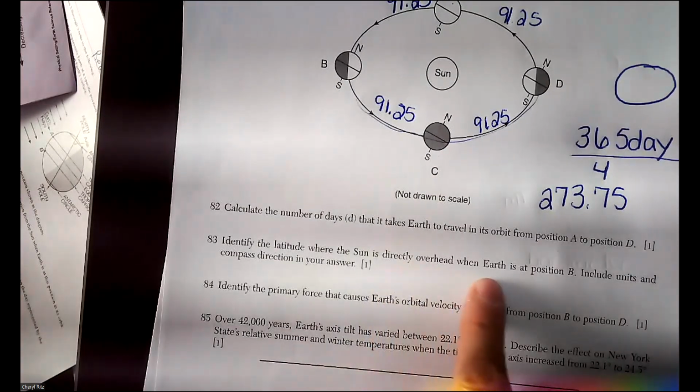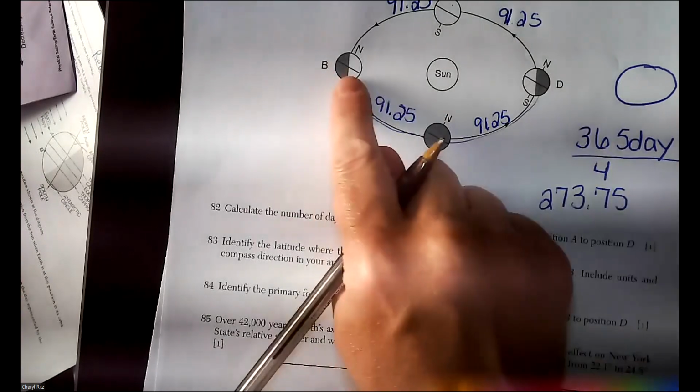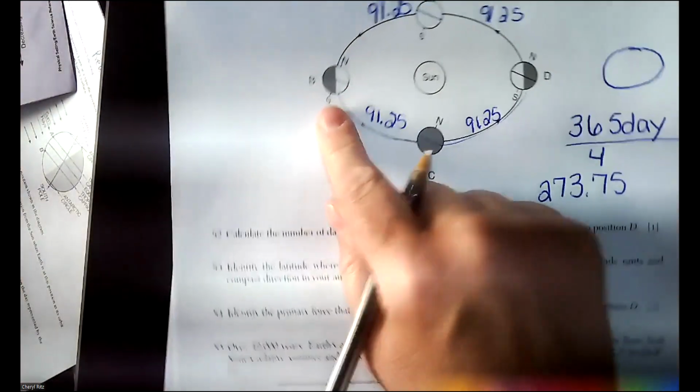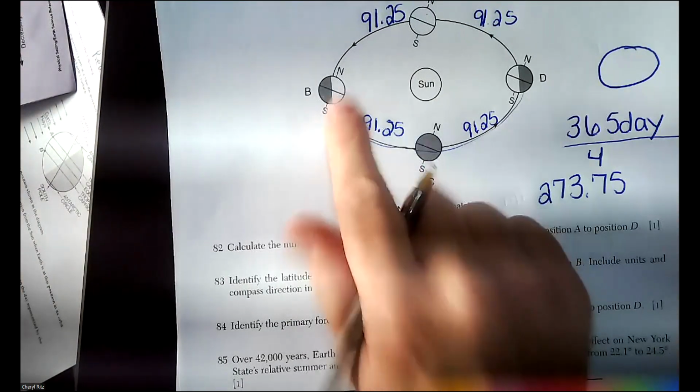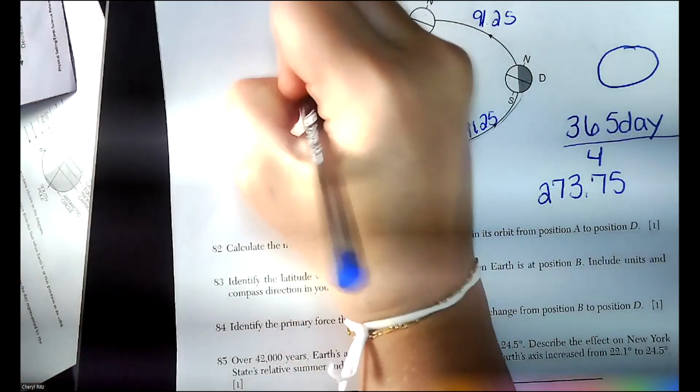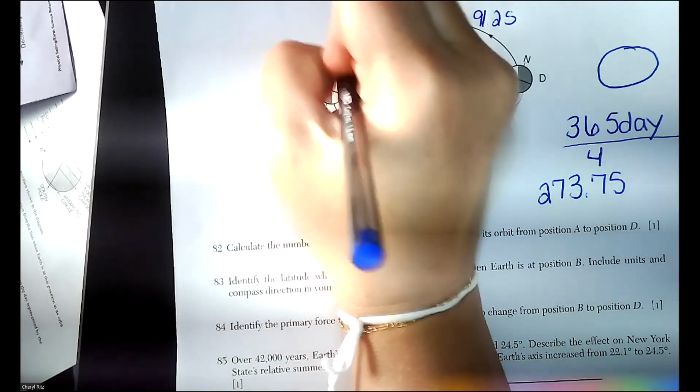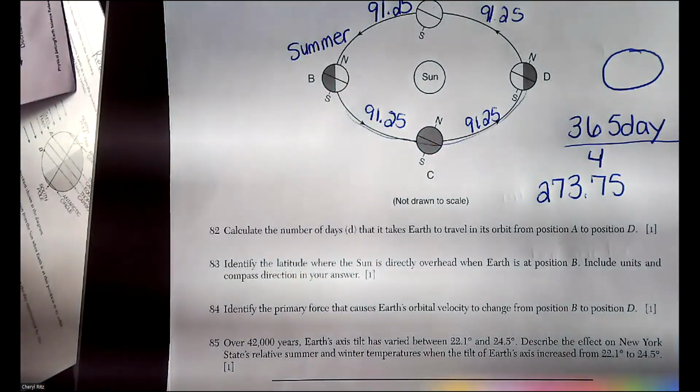Identify the latitude where the sun is directly overhead the Earth at position B. So first of all, what season is position B? Summer. And again, how do you know that? Because it's tilted towards the sun.